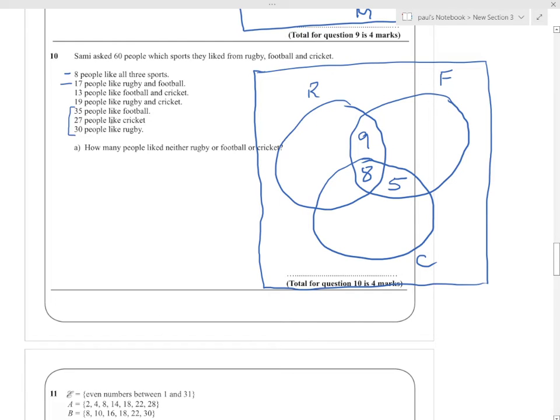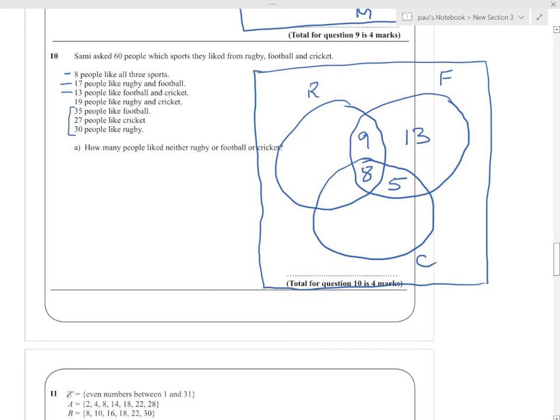So how many people like football altogether? 35. So we've got 17 and 22. 35 from 22 is 13. Right. Do we know about rugby and cricket? 19 people like rugby and cricket.